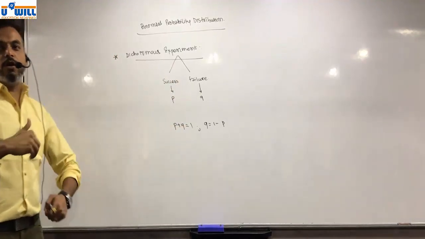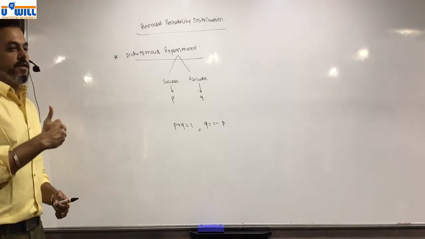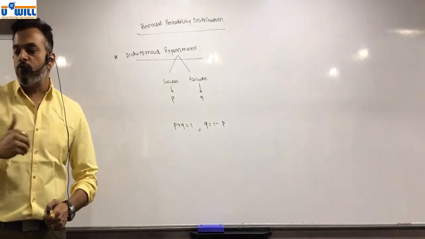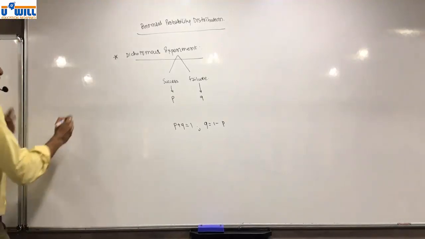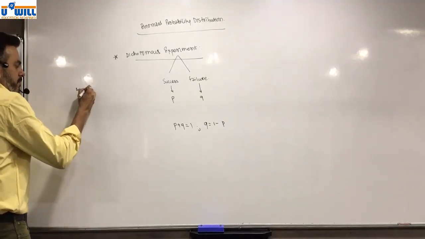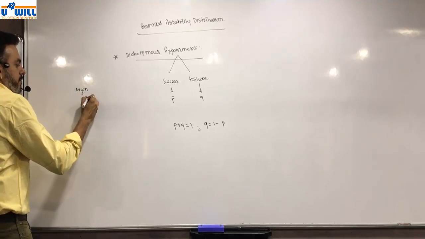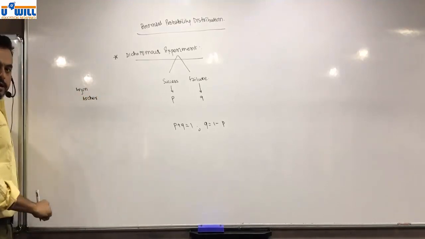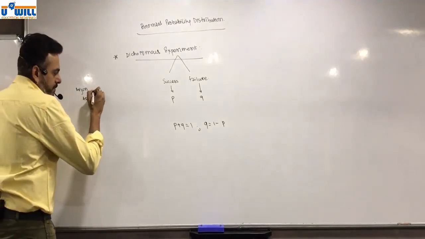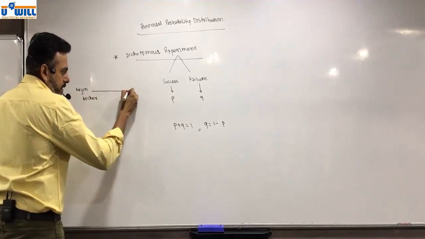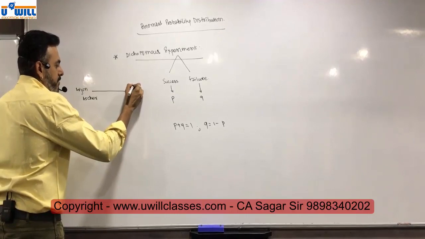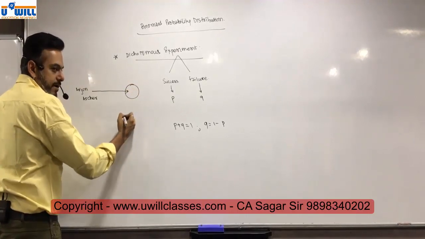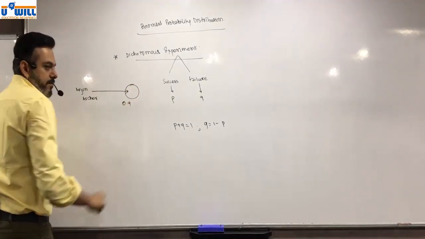Now you need to understand what is success. Success is what exactly we want to find in the sum. Say for example, Arjun is an archer. Every time he shoots an arrow, the probability that he hits the target is 0.9.